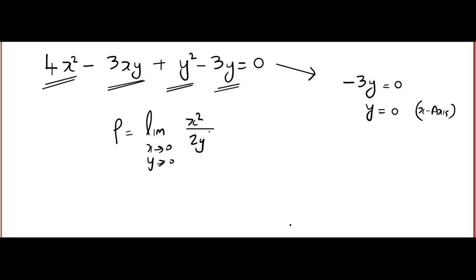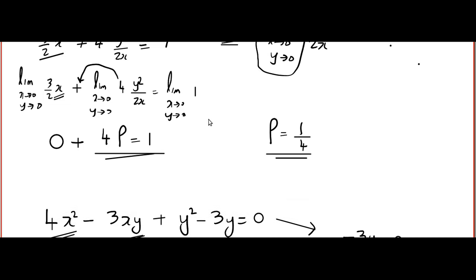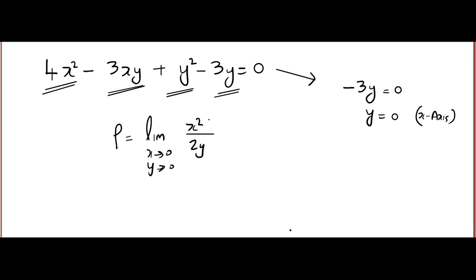The trick to remember the formula is, if the x-axis is a tangent, x square will come. And if the y-axis is a tangent, then y square will come. So you can keep this somewhere. Let's put a box. Now look, I'm going to divide throughout by 2y.